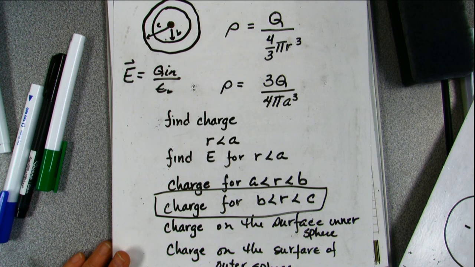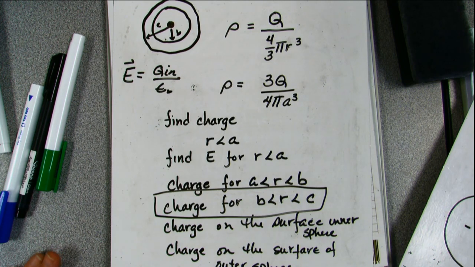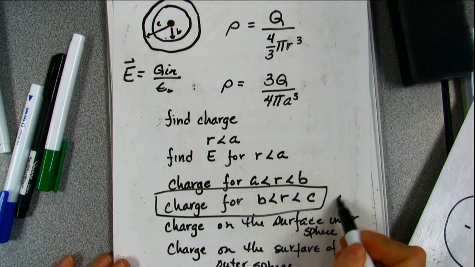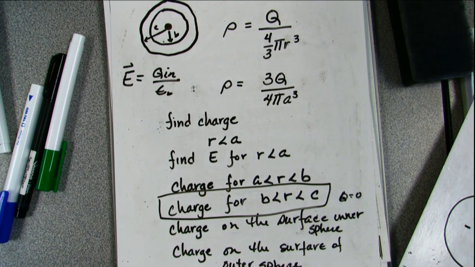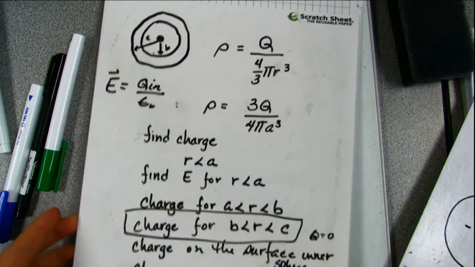On the surface. So if the charge is on the surface, what's the charge inside the conductor? Zero. So that one is just Q is equal to 0. Charge inside the conductor, Q is equal to 0.